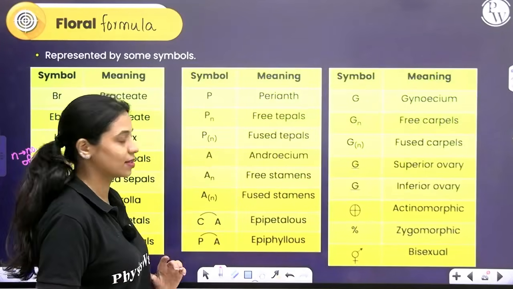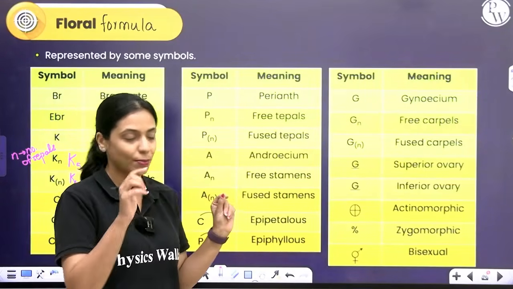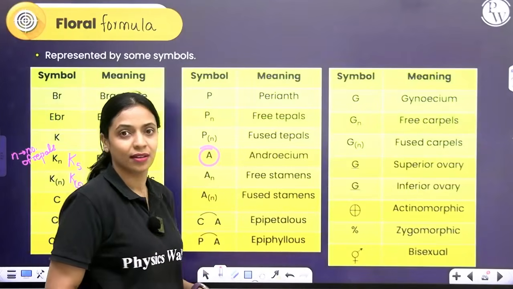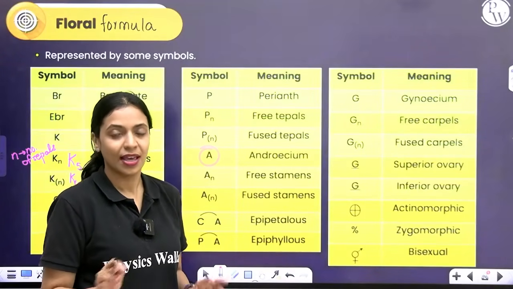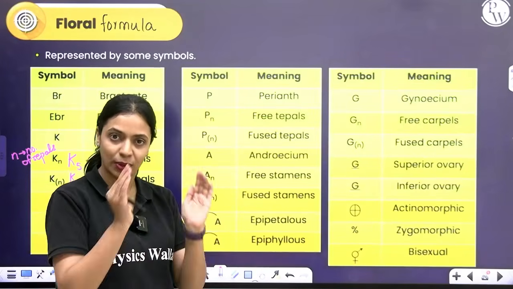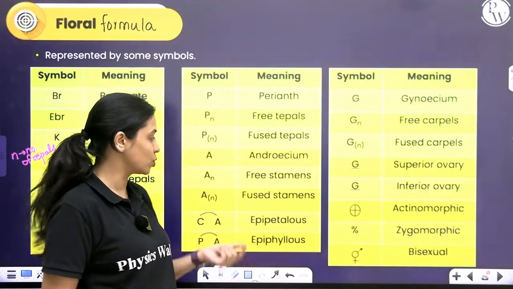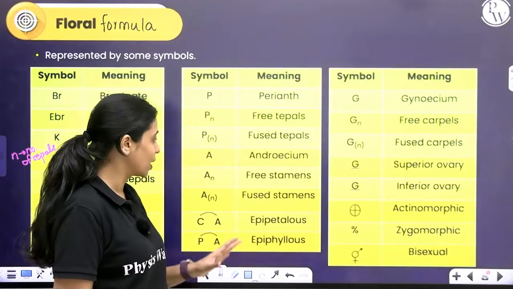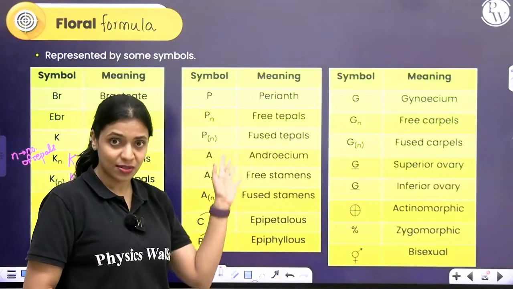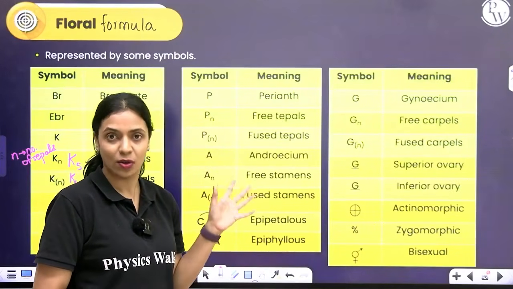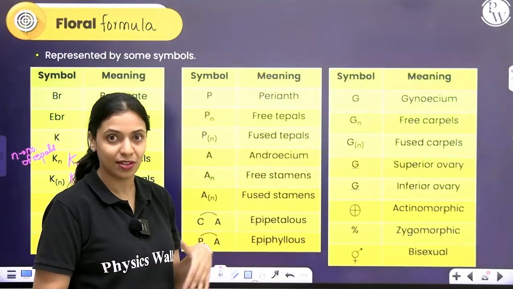Androecium, represented by capital letter A. The subscript N represents the number of stamens. If there is any sort of fusion, you will write it within brackets. If there is no fusion, it will just be the number. Sometimes Androecium is fused with petals or tepals or the perianth, then we call it epipetalous or epiphyllous condition.